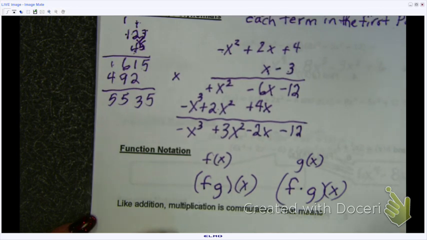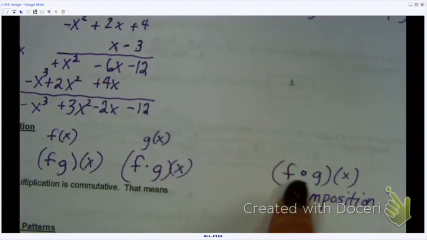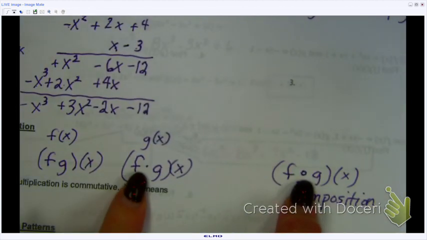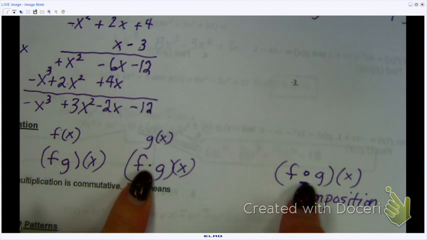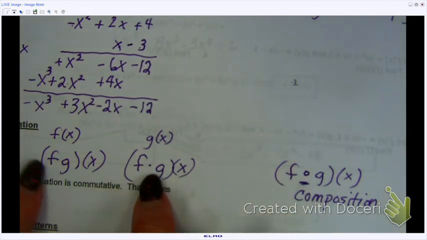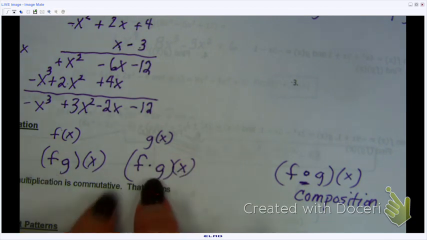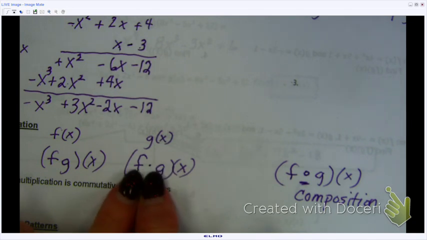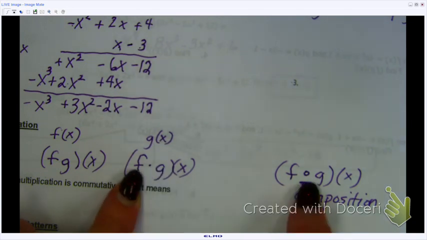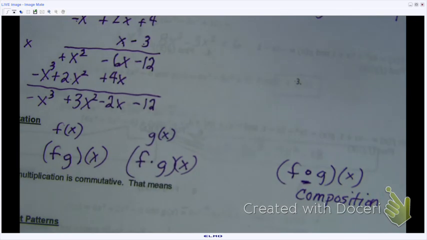But when it gets printed on your tiny screens, you often can't tell the difference between this little circle and that dot. So we try to avoid using the dot. If you see FG like this, it means multiply. If it's a test and you're in doubt, if you see a spot and you can't tell if it's a dot or a composition circle, then ask me, and I will clarify it for you.